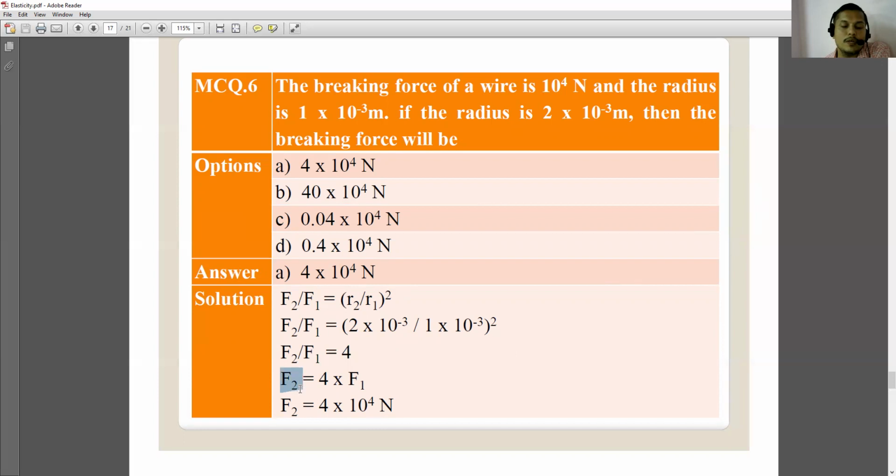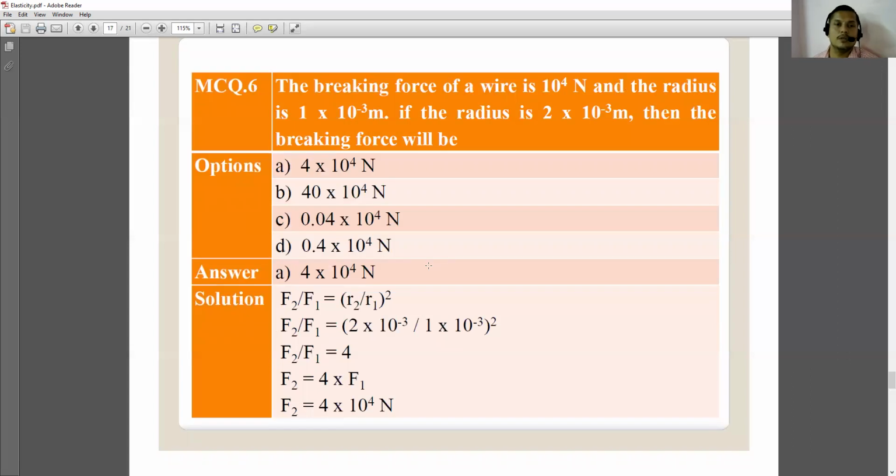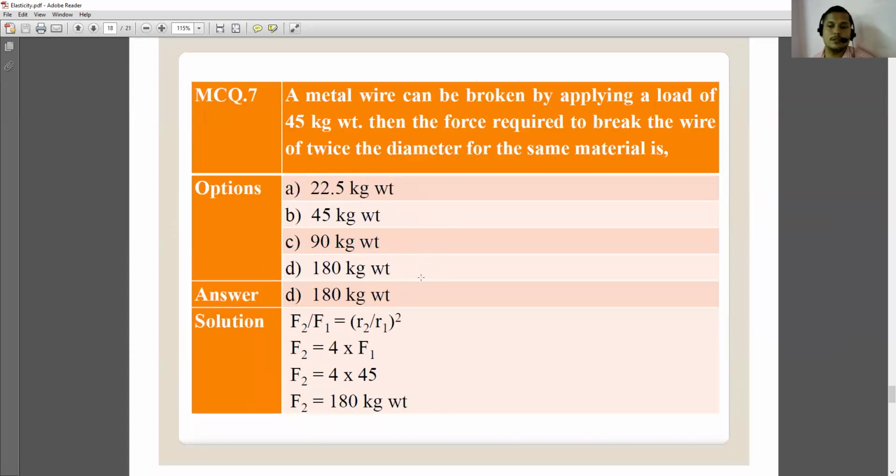So keep F2 as it is and F1 shift to RHS. So 4 into F1, we know the value of F1, which is 10 raised to 4 Newton. So it becomes 4 into 10 raised to 4 Newton, which is our option A. Got it? So let us try to understand the next one.